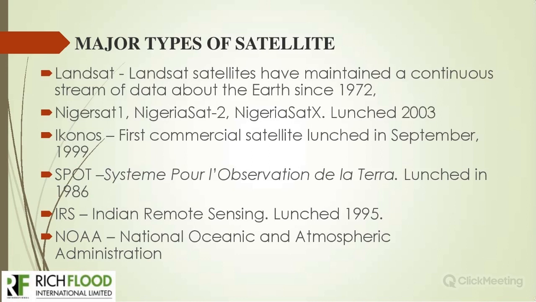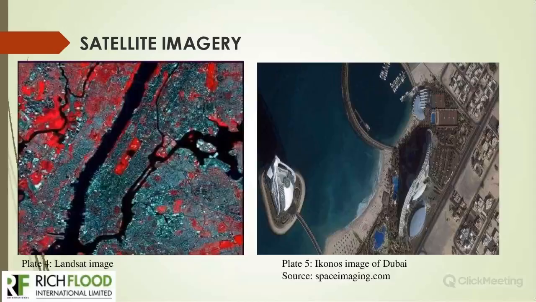The Indian Remote Sensing, which was launched in 1995, and the National Oceanic and Atmospheric Administration satellite system, which is used to study meteorological information about the Earth's surface. So these are the various forms of satellite systems that we have, and there are more of them on the Earth orbit.